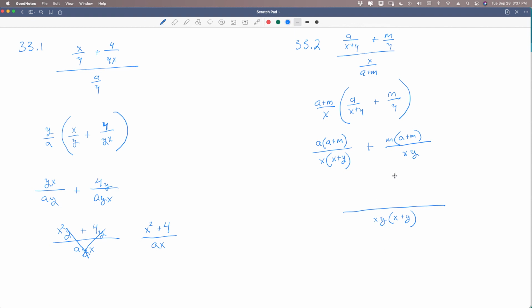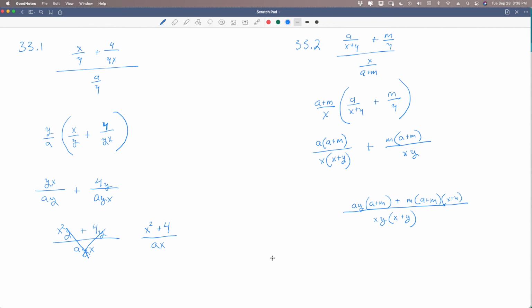All right, so now I just need to multiply this right here by y. So it's going to be y times a plus m, plus, and then I need to multiply this side times x plus y. So that's going to be m times a plus m times x plus y.